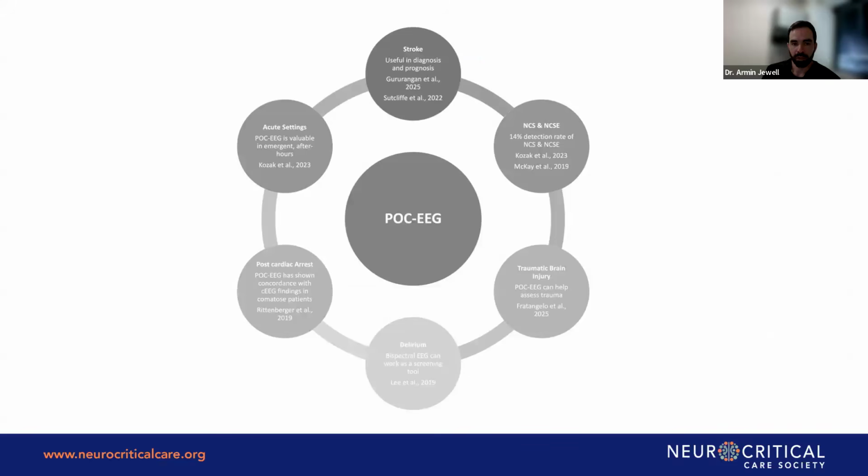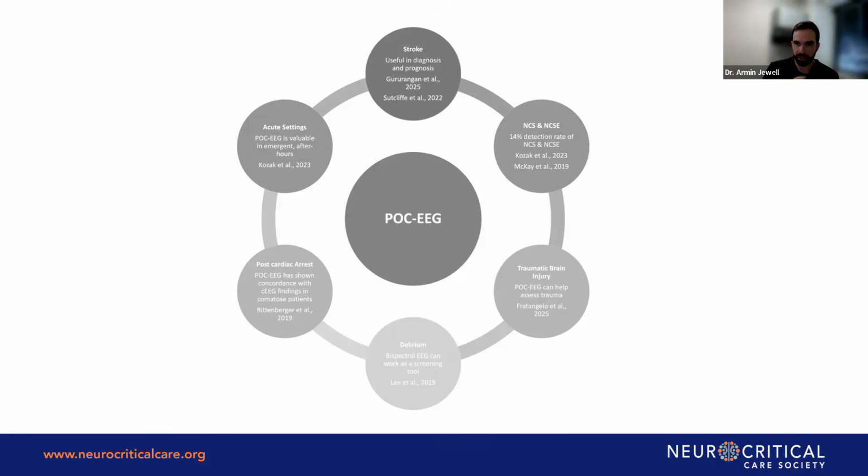So now we'll go through different reasons for point of care EEG that have been developed. The main one is in the top right here. That's what we were just mentioning, ruling out NCS or NCSE, which is non-convulsive status epilepticus. That was how it was originally developed, to rule out cases of ongoing status epilepticus versus not.